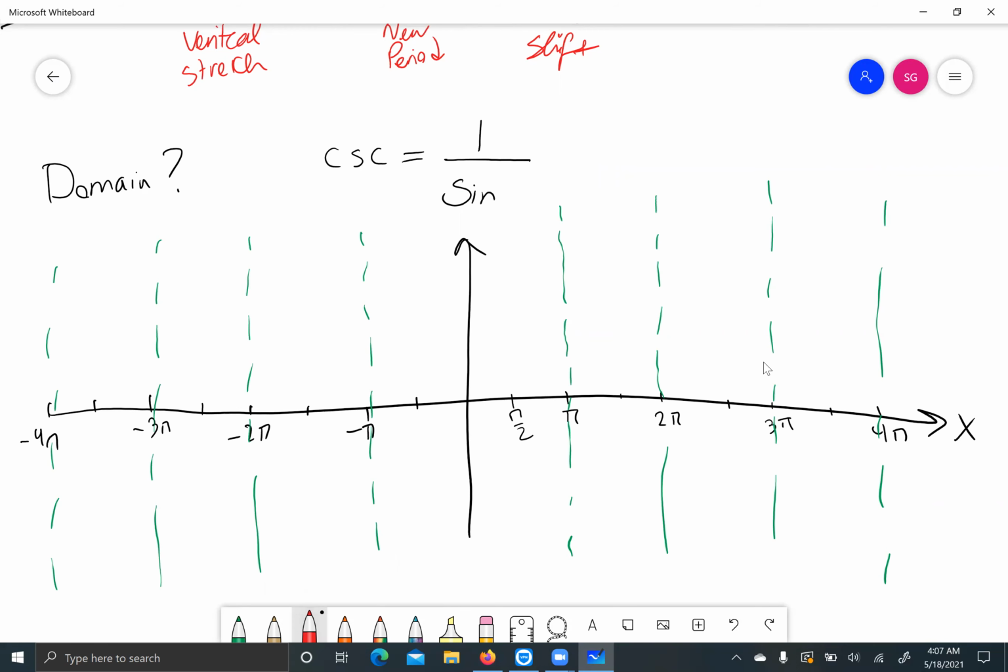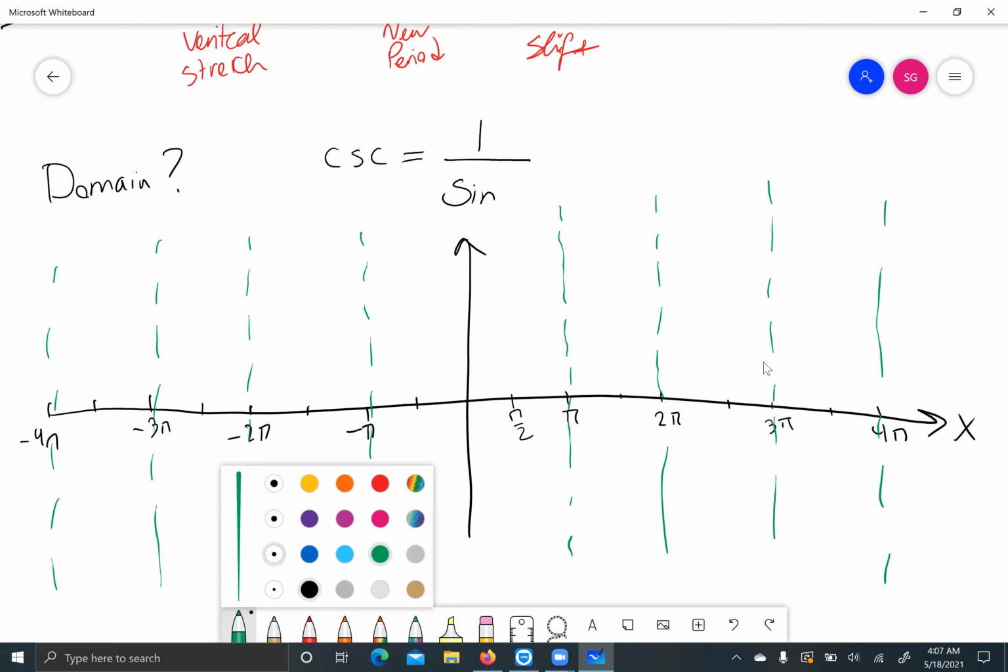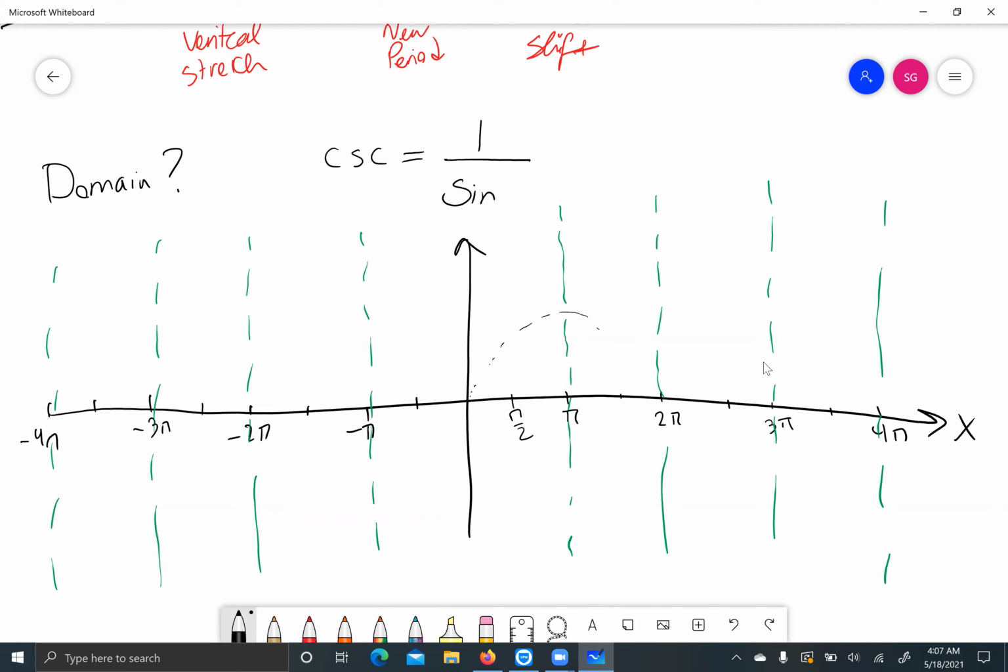And then the graph. I'm going to draw the graph quickly. Sine is like this, right? This is the sine function.